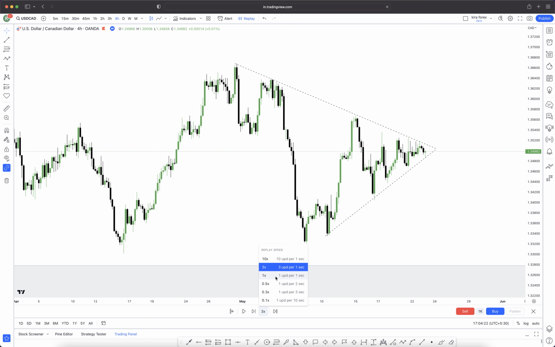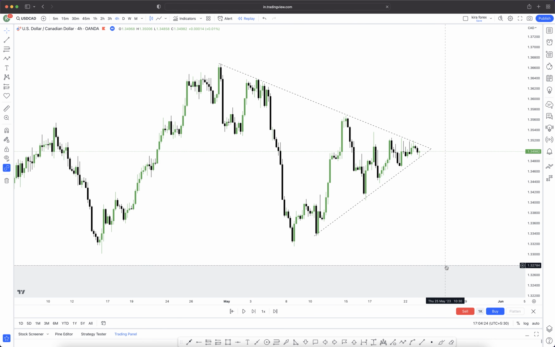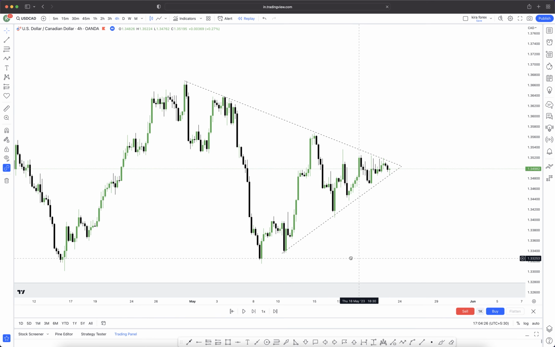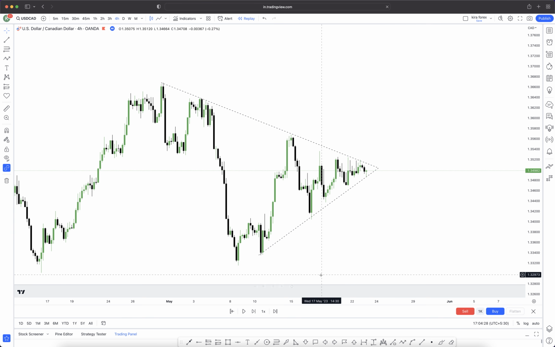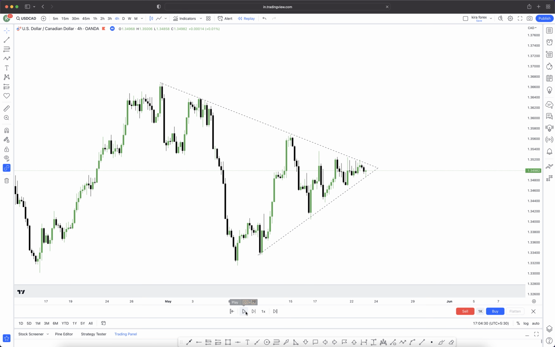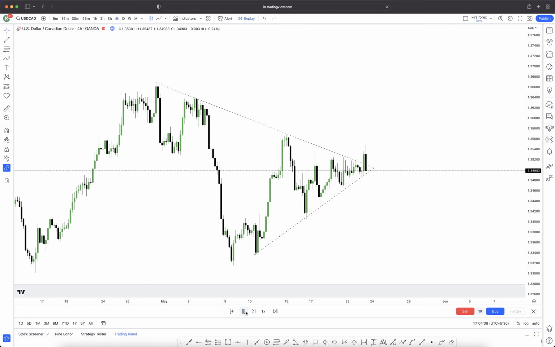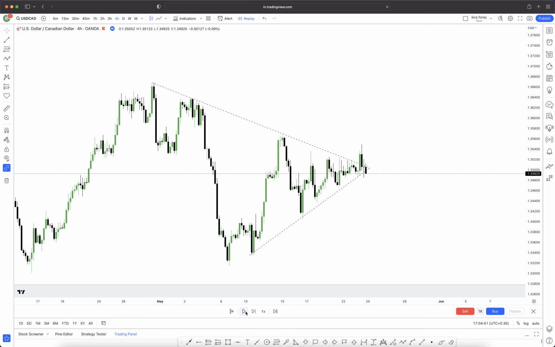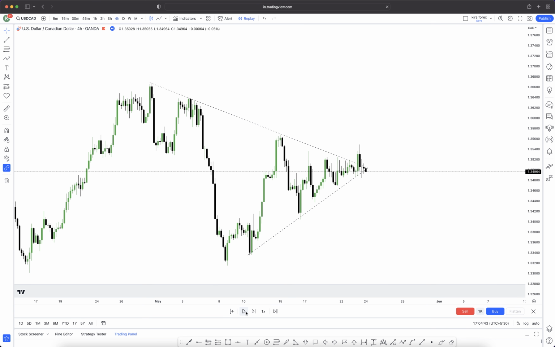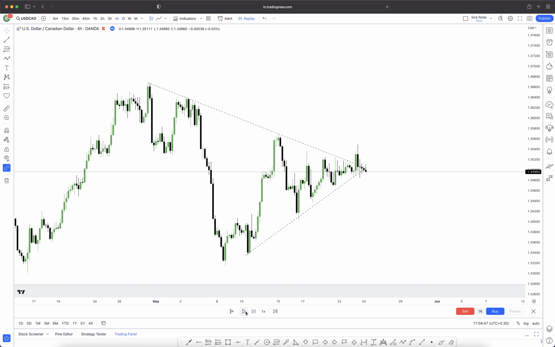So let's see the reaction of price on the bullish symmetrical triangle. Let's see how price reacted around this area. As you can see, wow. So you can see what's happening around the trend line.